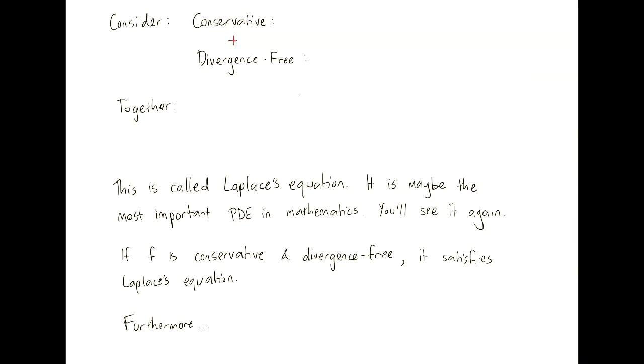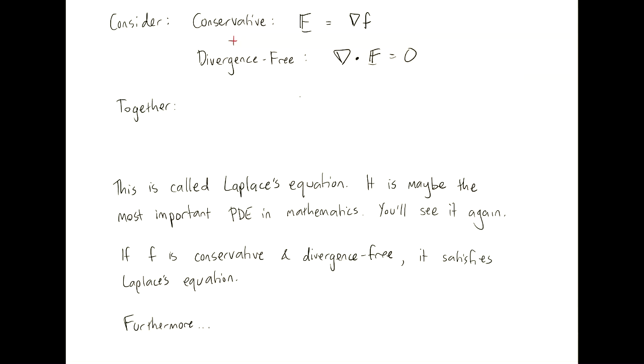And here is where stuff gets important. If you are conservative, you're curl-free, then F is equal to grad f. There exists some f where this is true. And if you're divergence-free, then the divergence of your field is equal to 0.